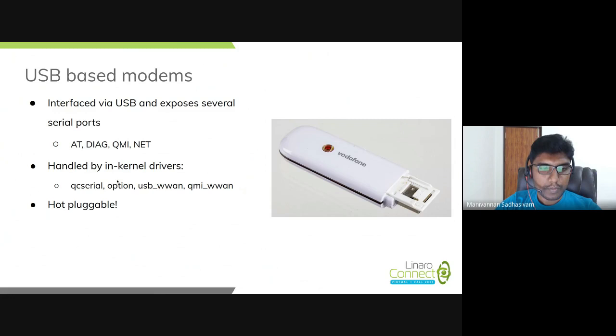These USB-based modems are handled by the in-kernel drivers available in the upstream repository, such as qcserial, option, usbnet, and qmi_wwan. But unlike the embedded modems, these USB-based modems are hot pluggable. That means they can come and go at any point of time and don't require the static device configuration.